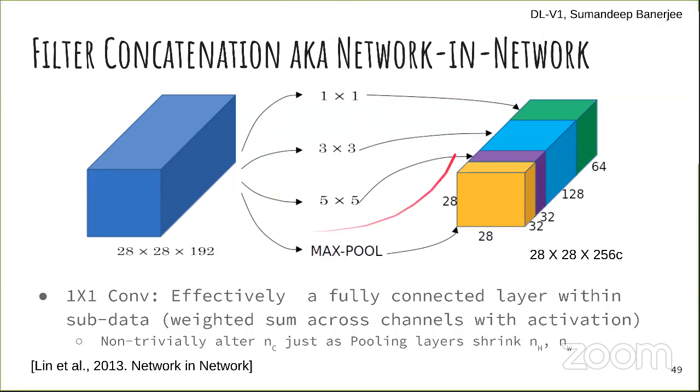So we have multiple types of filters, and then there is also a max pooling step, like max pooling into 32 layers. So this 192 into 32, that means it's I think 6, right?